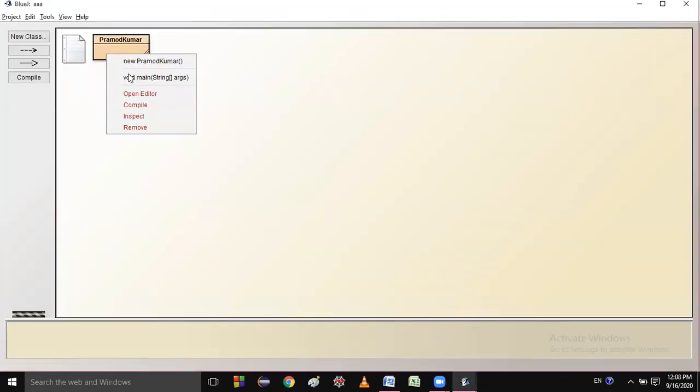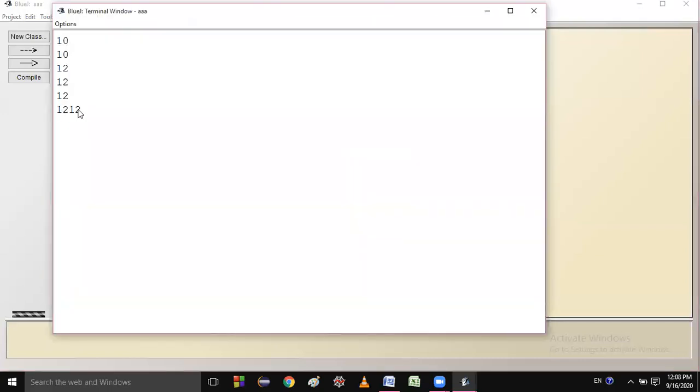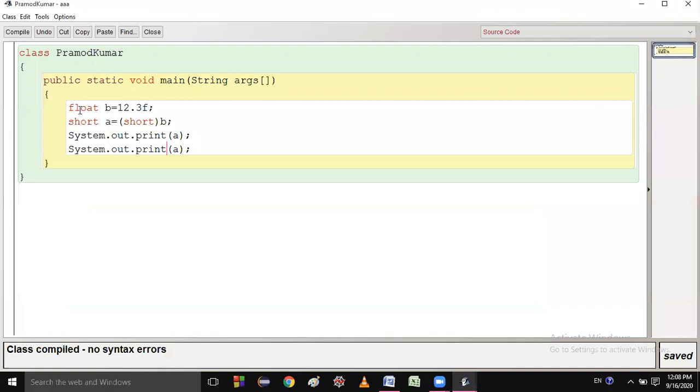Just watch very carefully. You see 12 and 12 in the same line. So what is the difference between println and print? In the println method, after showing the output, the cursor moves to the new line. But in the print method, the cursor remains on the same line. This is the difference. Is it clear?